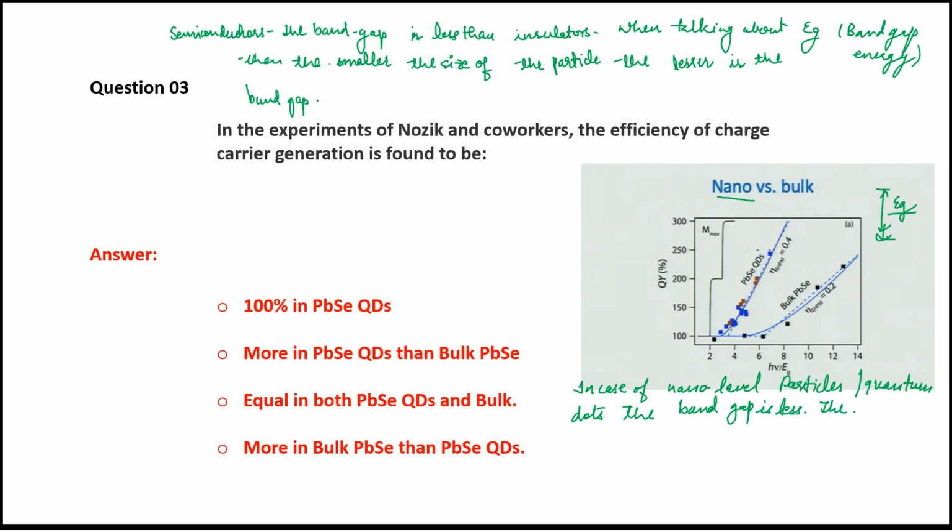The lesser the band gap, the more are the chances of bi-exciton formation.